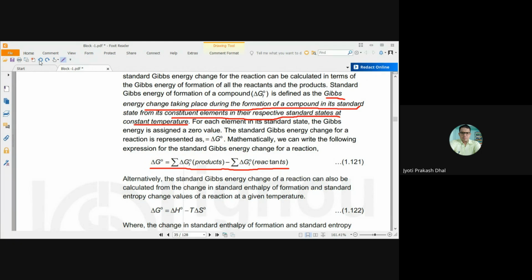By using this equation, you can calculate the standard Gibbs energy change, del G naught, for any type of chemical reaction. The formula is just like this: del G naught equals summation of del G F naught of the products minus summation of del G F naught of the reactants.